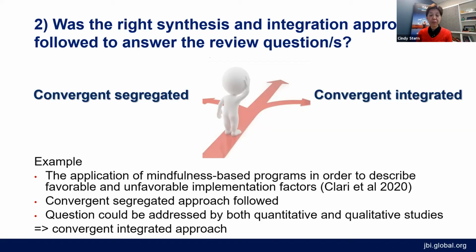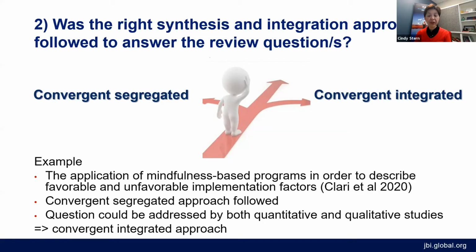So in the review by Clary et al., they selected a convergent segregated approach to synthesis and integration. This approach should be used when the question examines different aspects of a particular phenomenon of interest, so whether you're looking at effectiveness as well as experiences.